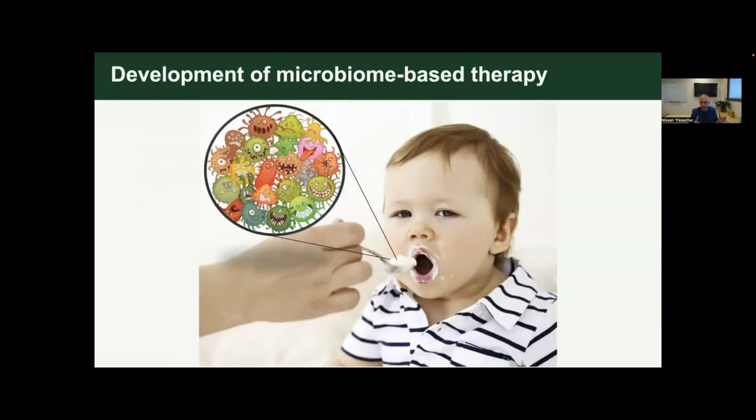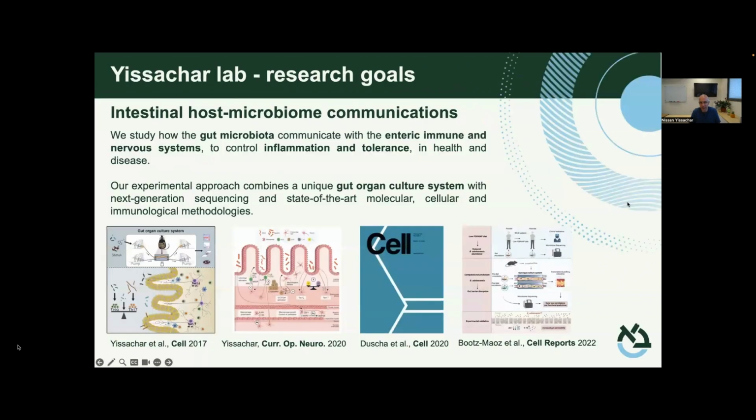So there's a lot of research going on trying to figure out how we can harness some of these microbes therapeutically. Basically, can we supplement specific microbes to a specific individual in order to ameliorate or treat a specific disease? And this is exactly what we're doing in the lab.